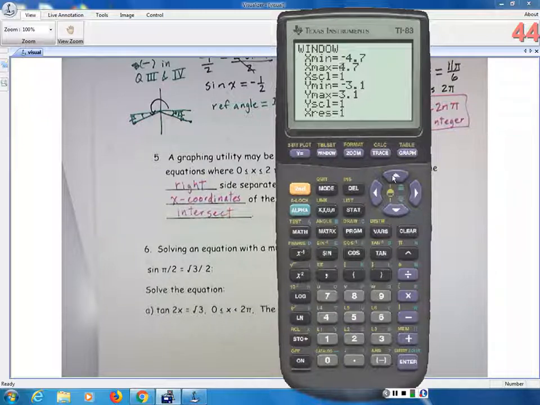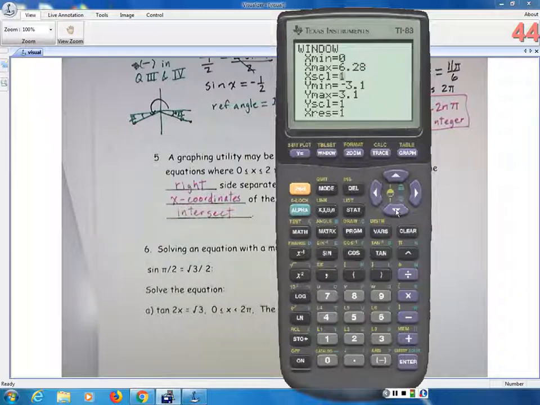Oh, pi is 3.14. So 2 pi is 6.28. Let's just start it at 0 and 6.28. See, it's not as easy as you would think, right?